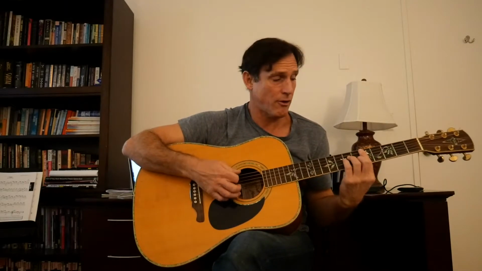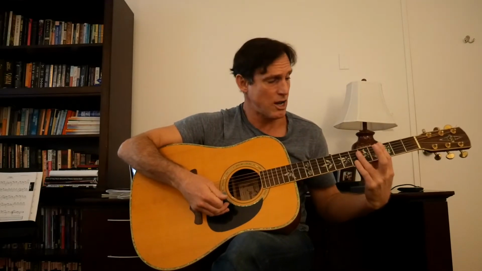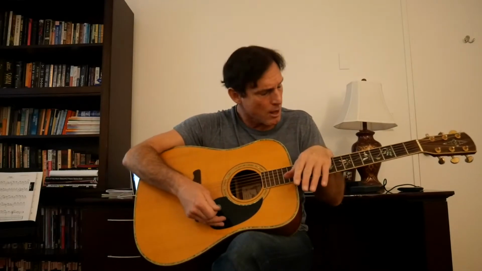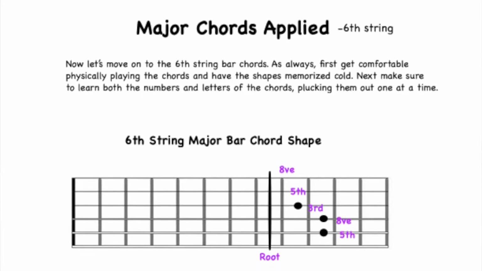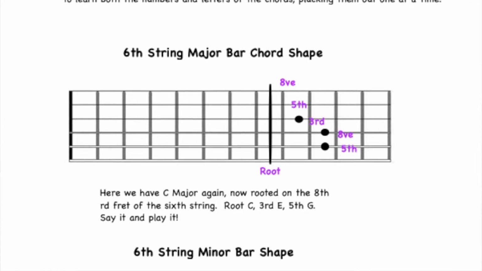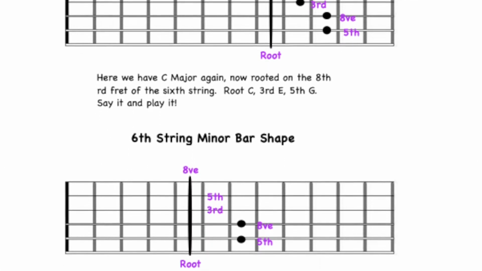And then we used the finger patterns, like, hey, this is a major shape, this is a major shape, this is a major shape, this is the minor shape. And you mapped out your C major chords on the 5th string. Okay? All right, so now let's take a look at some other shapes. We have the 6th string major and minor bar chords.